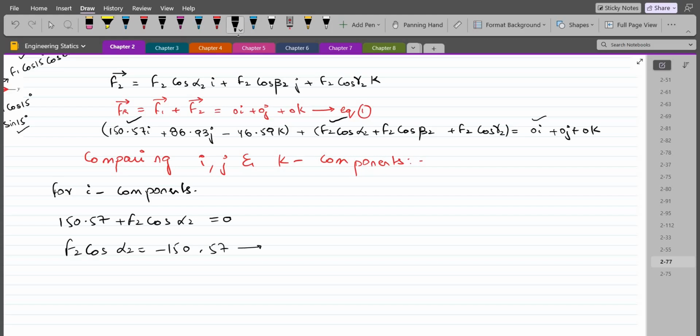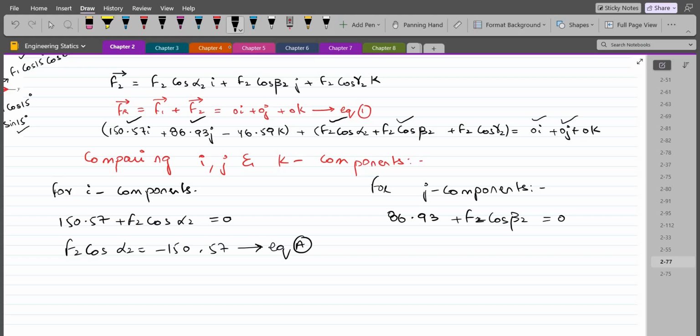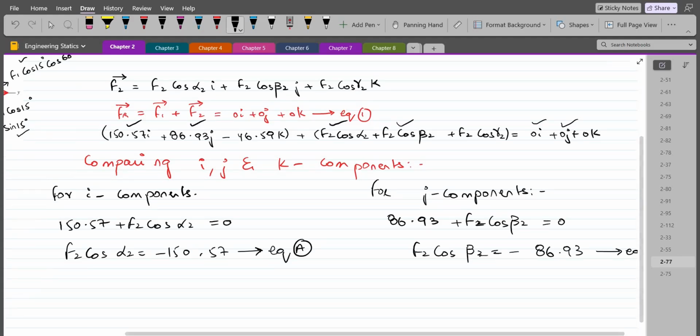Let's call this equation A. For the j components, we have 86.93 plus F2 cos beta 2 equals 0. If I rearrange it, F2 cos beta 2 equals minus 86.93. Let's call this equation B.